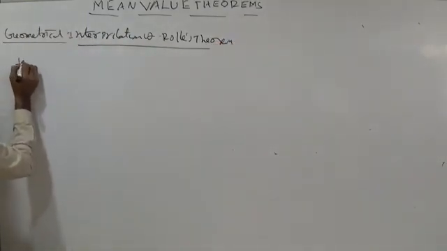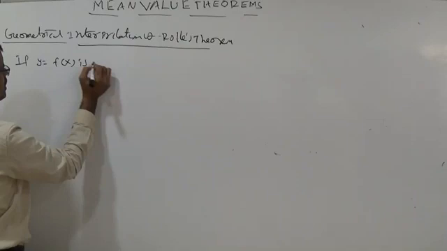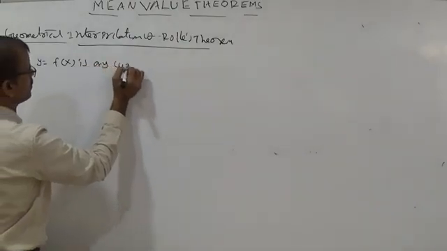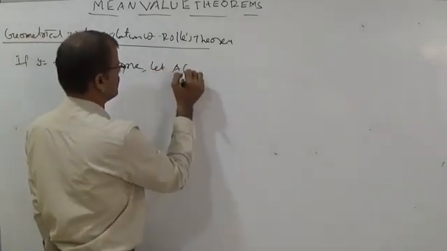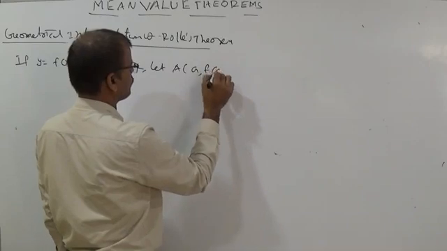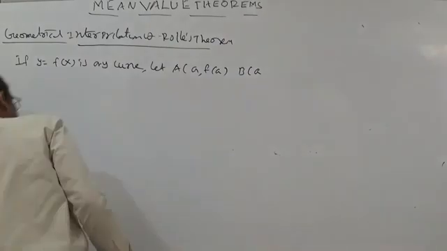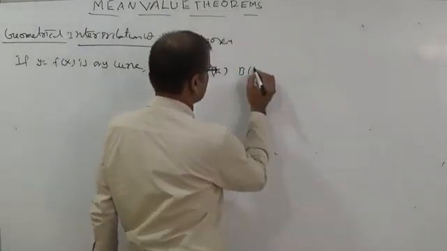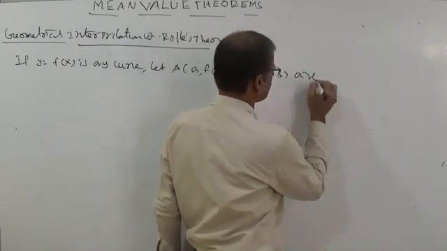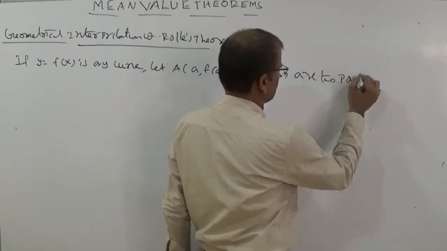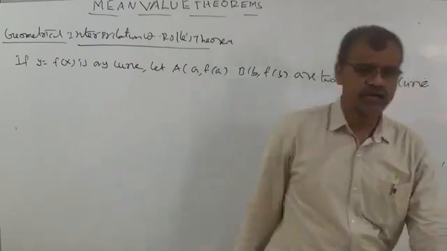If y is equal to f of x is any curve, let A, which is a comma f of a, and B, which is b comma f of b, be two points on the curve.